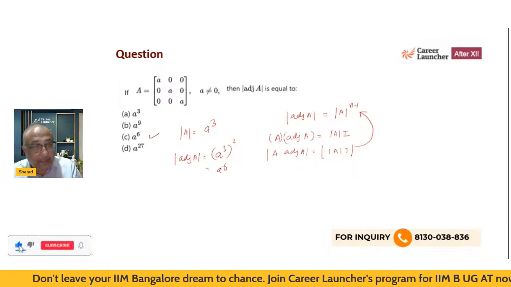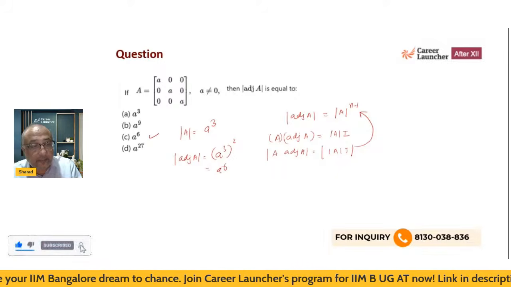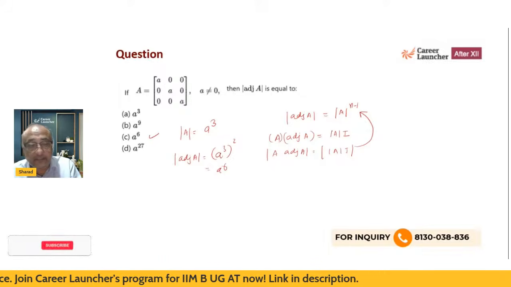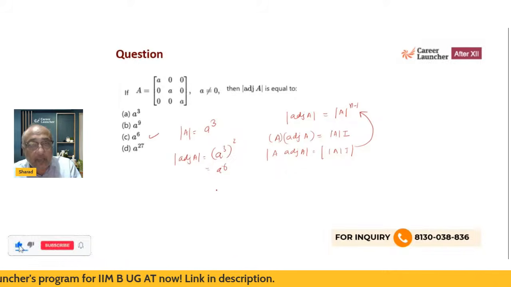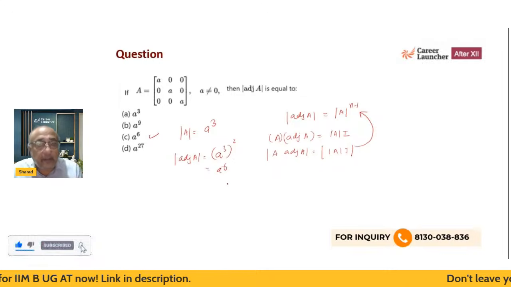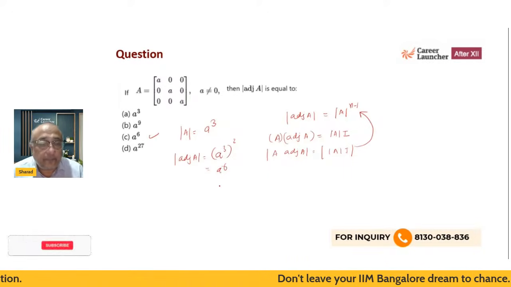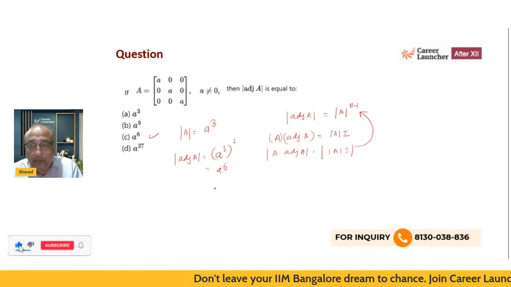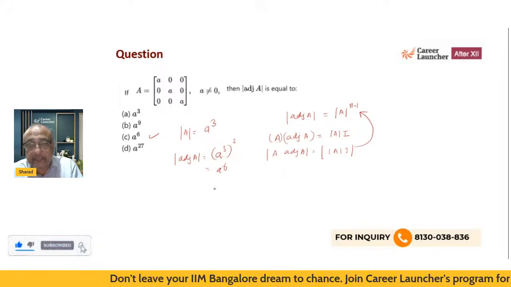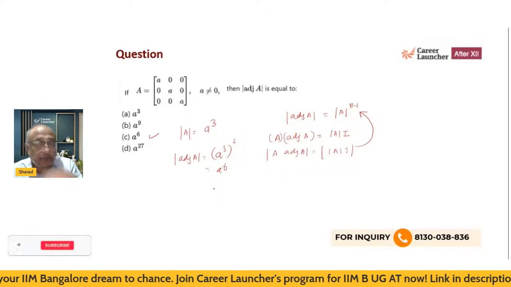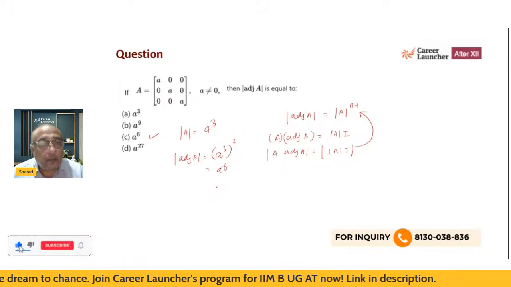Let me go and check the answer from the kids. A raised to power 9. How does this A raised to the power 9 come to you? Because n over here is 3. Ivan, A raised to the power 6. Correct. Okay, okay. It is not option A. You wanted to say okay, right.